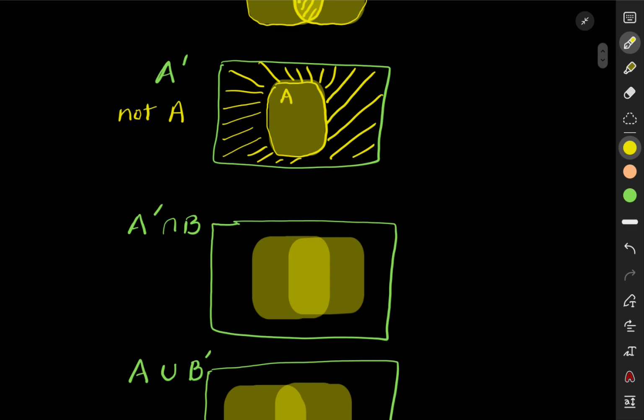Next is the A complement intersection B. It means that A complement means not A. So here we have two sets, A set and the B set. Both the sets overlap with each other.